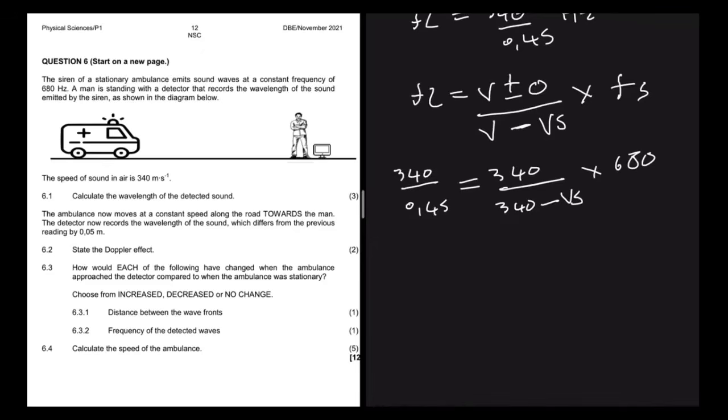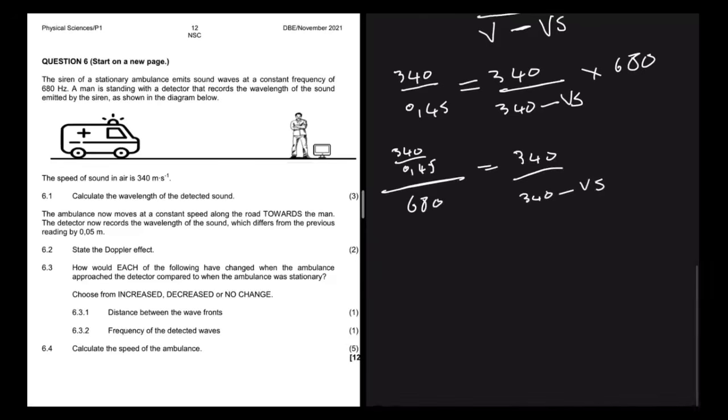You're almost done with the physics here. So the way I'm going to solve it, I'm going to divide both sides by 680, right? So I'm going to have 340 divided by 0.45, and then everything divided by 680, and on the right hand side that 680 is gonna get cancelled out. So now we're gonna have 340 divided by 340 minus velocity of source.